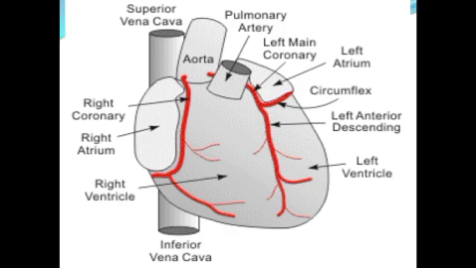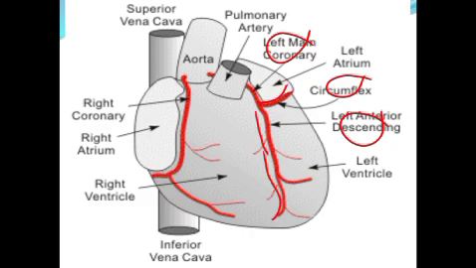Here, the left coronary artery: you have the left main coronary artery that arises from the left coronary sinus, which is divided into the left circumflex and the left anterior descending artery. Follow the arrows, this is the left circumflex here, and this one which runs this way is the left anterior descending artery.